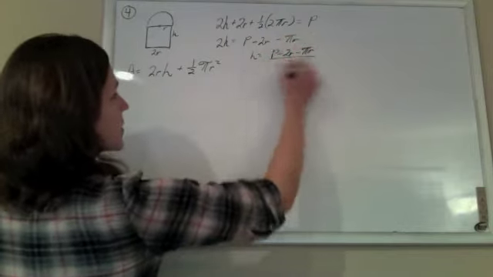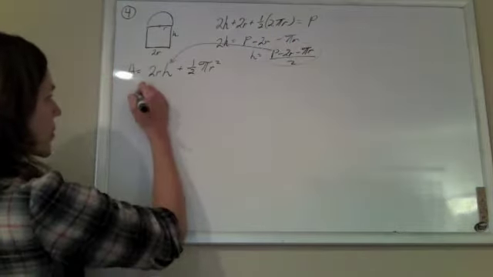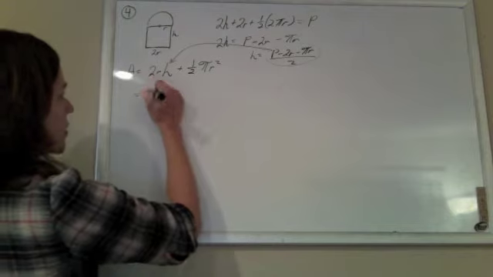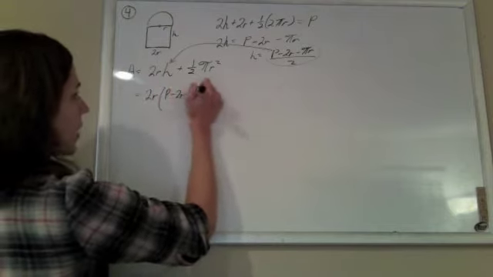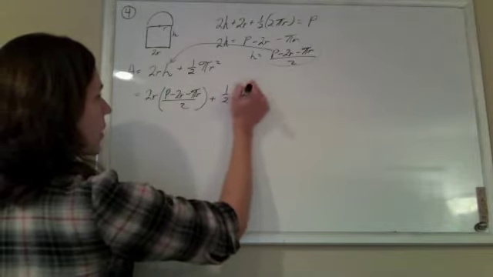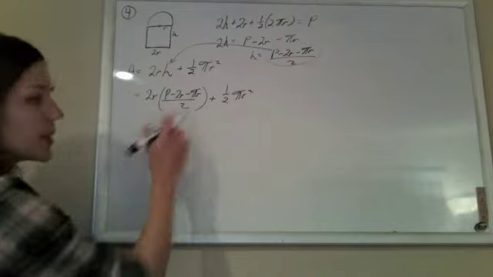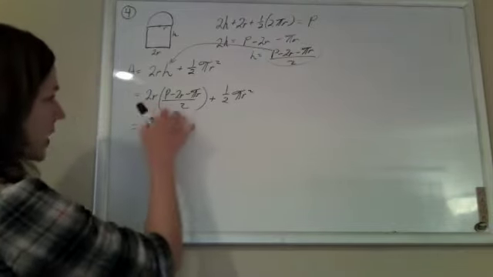And I'm going to substitute this in for that. So I'm going to have 2 times r times (p minus 2r minus pi r) all over 2 plus 1/2 pi r squared. Now the 2's immediately canceled, and I probably could have seen that earlier, but they cancel now.